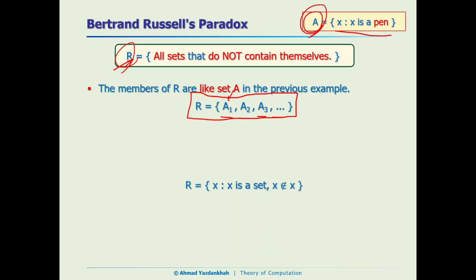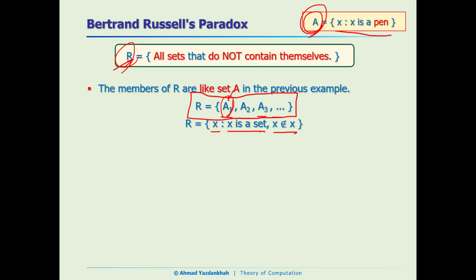Okay, and here is the set builder version of the same set. R is equal to X such that X is a set. So all of these members are sets. You remember that. And then X does not belong to itself.